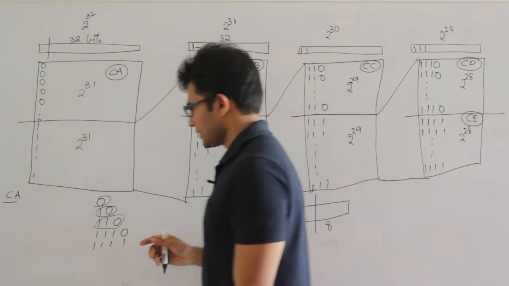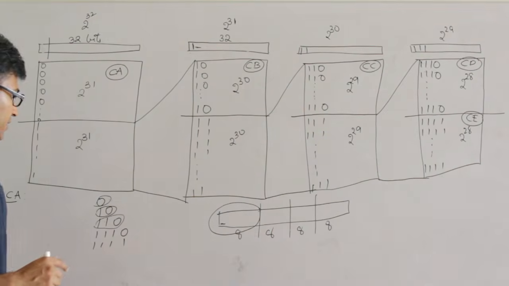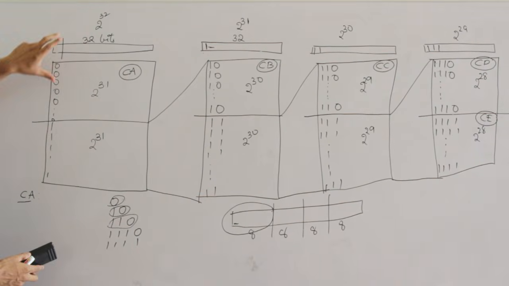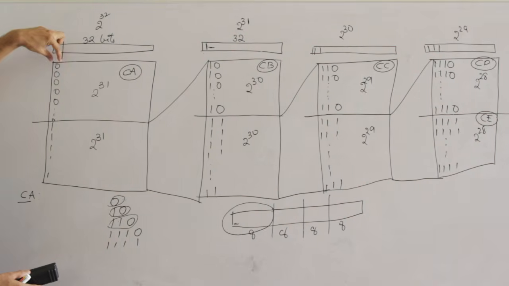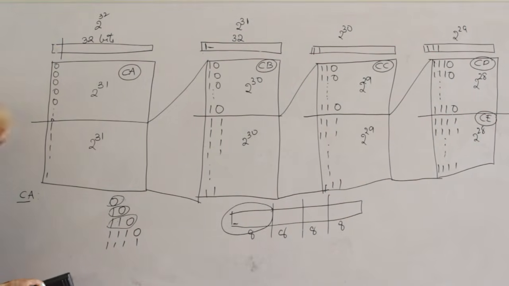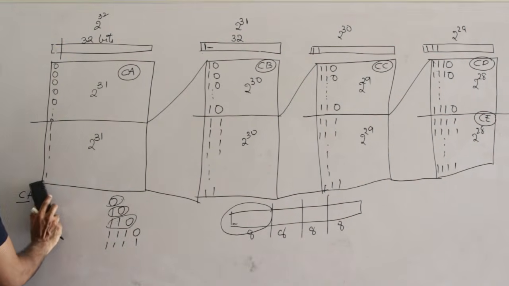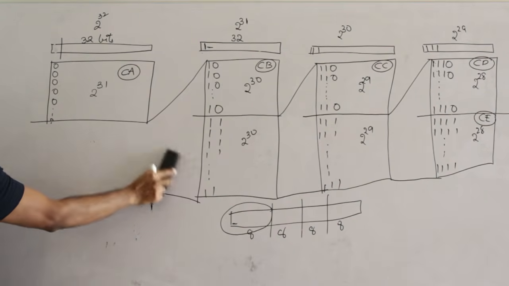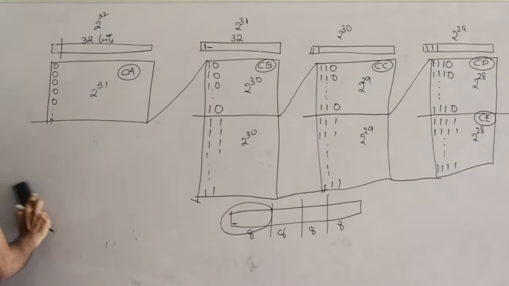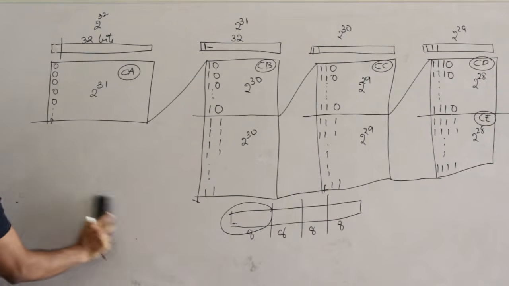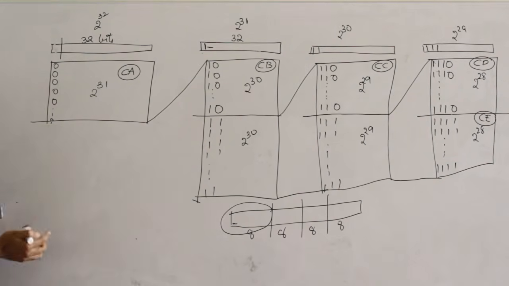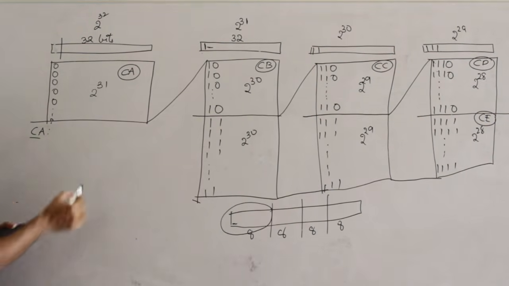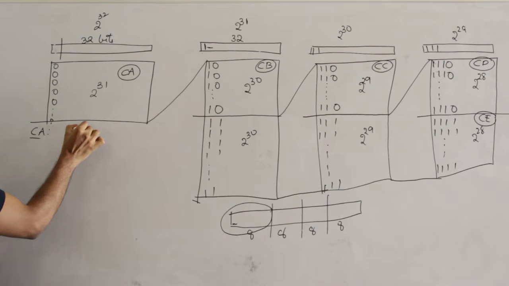Let's talk about class A first. The first point is, the number of IP addresses in class A is 2 power 31.